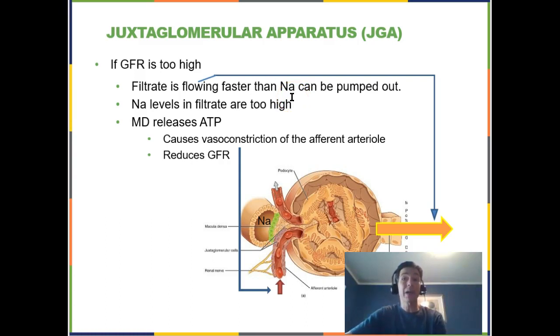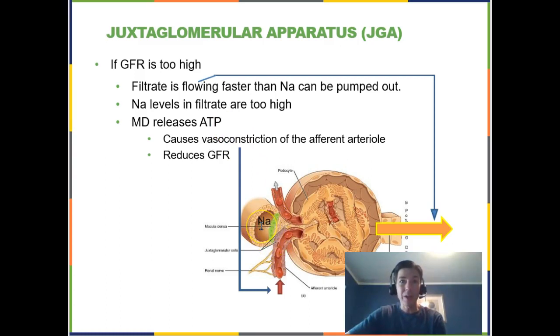If there's less time for sodium to be pumped out of the filtrate, that means that sodium levels in the filtrate are going to be high when the filtrate reaches the macula densa. If the macula densa senses increases in sodium levels, it is going to release adenosine triphosphate. So here's your macula densa.